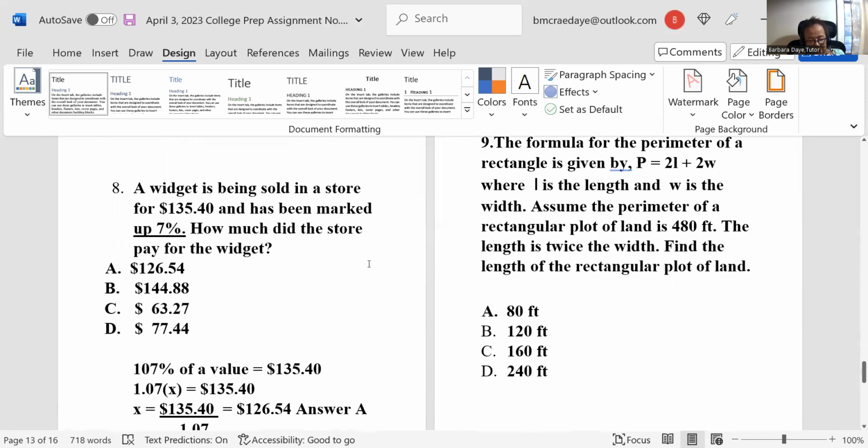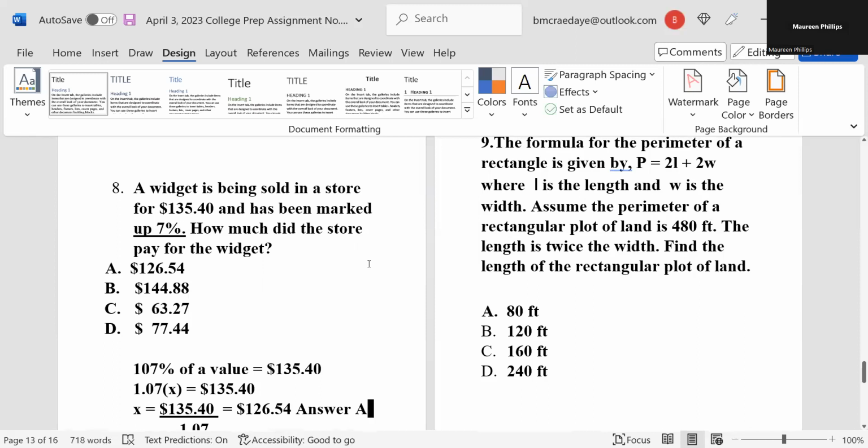Maureen, read number 9. Tell me how you would solve it. The formula for the perimeter of a rectangle is given by P equals 2L plus 2W, where L is the length and W is the width. Assume the perimeter of the rectangular plot of land is 480 feet.